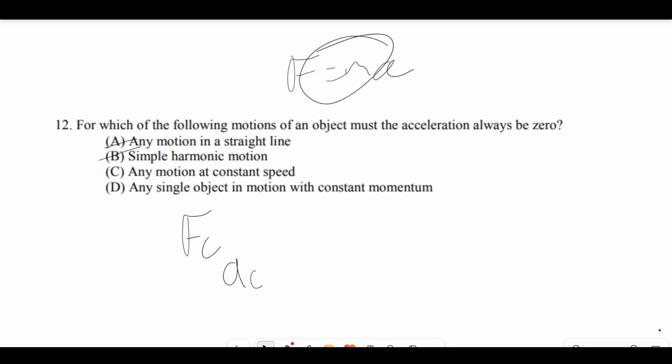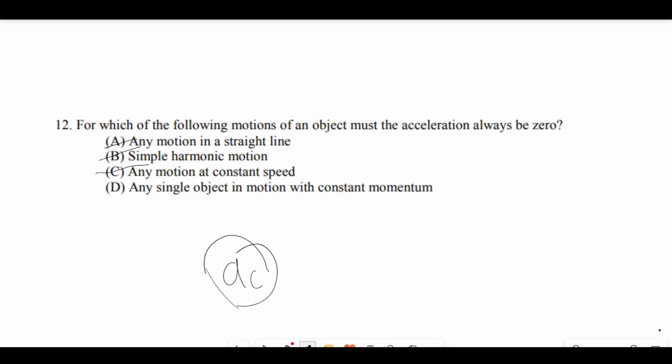So if the acceleration was zero, then the force would be zero, and if that's zero, there's no force holding the object in that circular motion, which is why we can cross out choice C. In uniform circular motion, the object is moving at a constant speed, but because of that centripetal force, it's changing directions. And since it's changing directions, there needs to be a non-zero acceleration there.